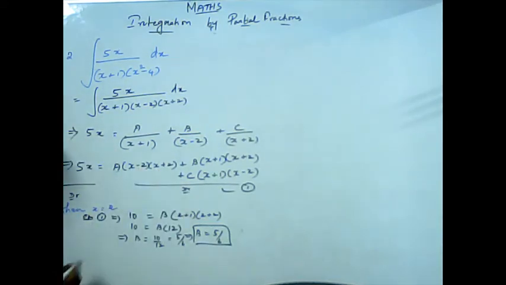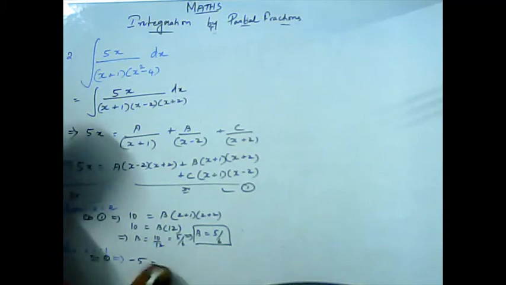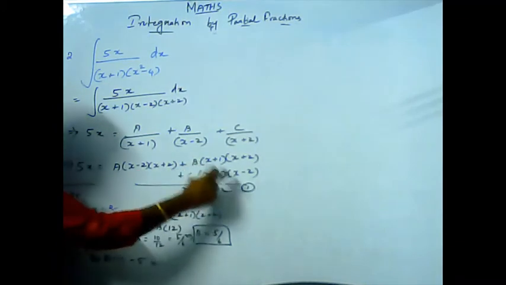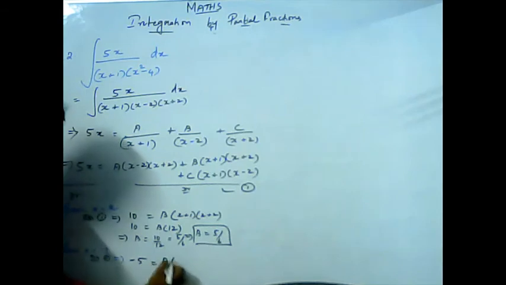Similarly, when x is equal to minus 1, equation 1 implies minus 5 is equal to, this becomes 0, this becomes 0, but I will be left with the A term.